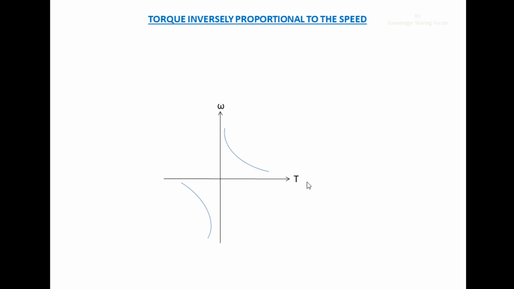So as your torque increases, speed is decreasing. This is known as torque inversely proportional to the speed. The mathematical expression is, torque is inversely proportional to speed, that is, torque is proportional to 1 by omega. After introducing a proportionality constant, we have T is equal to K into 1 by omega.